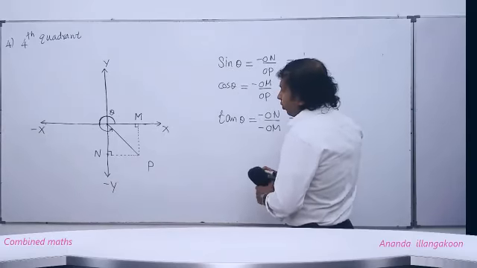Or else another one, all silver toy cars. That way you can remember, rotating anti-clockwise starting from the first quadrant. This is very important, people.